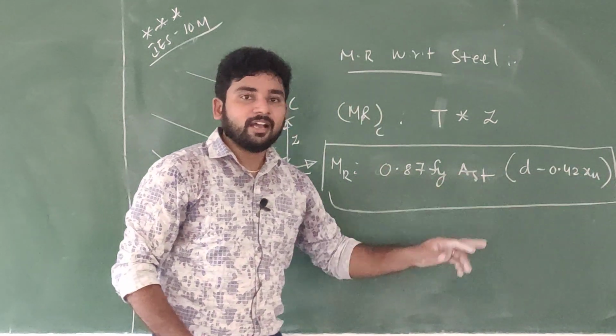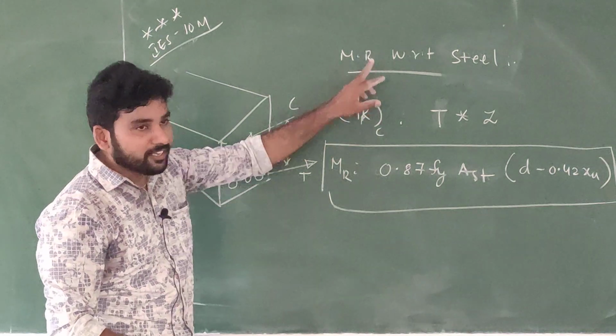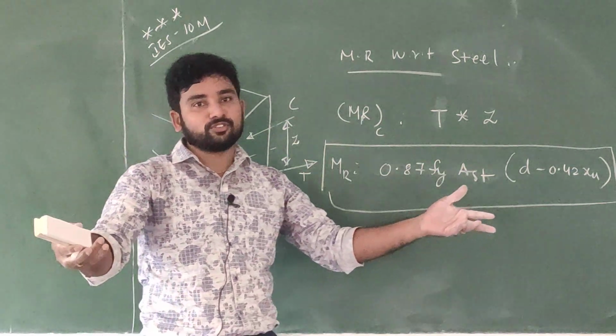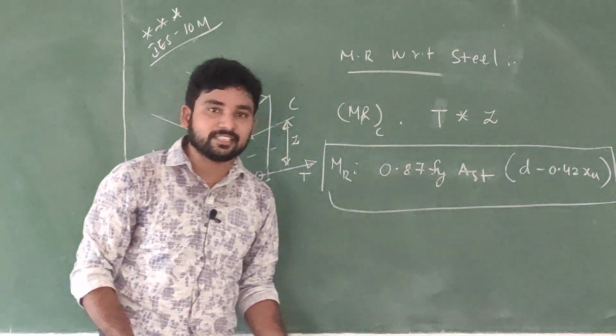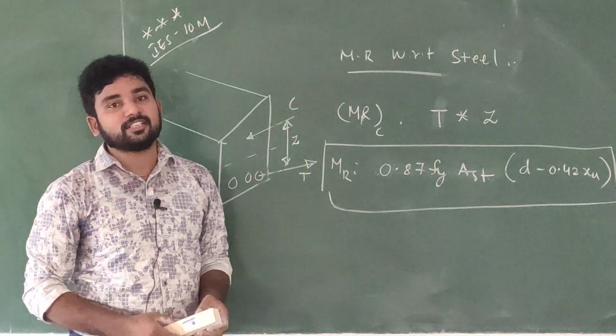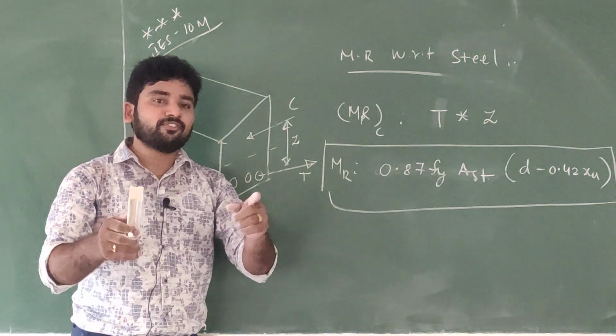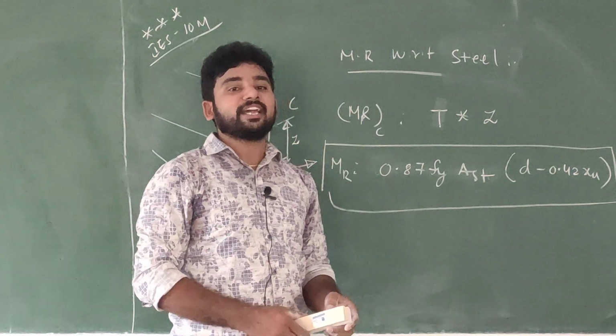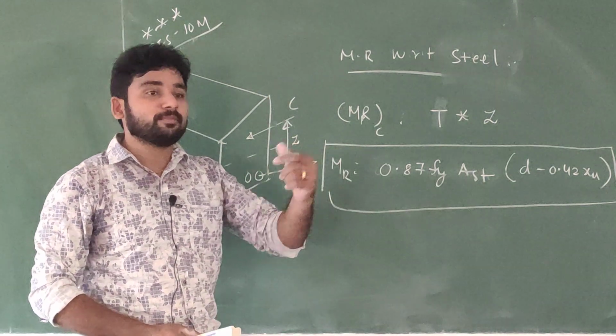The same thing. Sir, why are you using two formulas? Which formula should we use? We are having a confusion. You are telling that moment of resistance with respect to concrete, moment of resistance with respect to steel. Both the formulas will give the same answer, but based on the given data, we should choose which formula to consider.